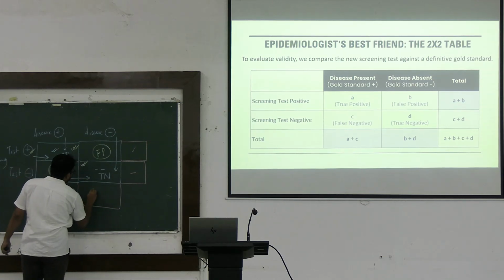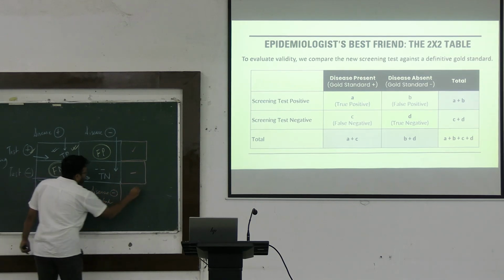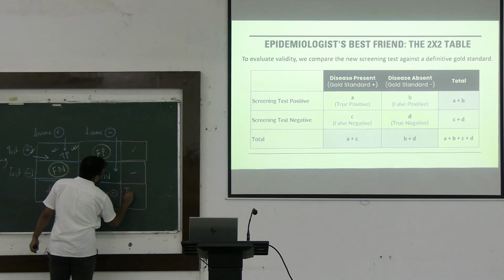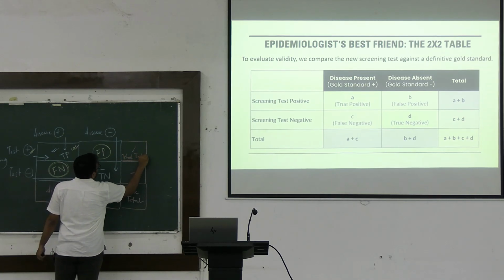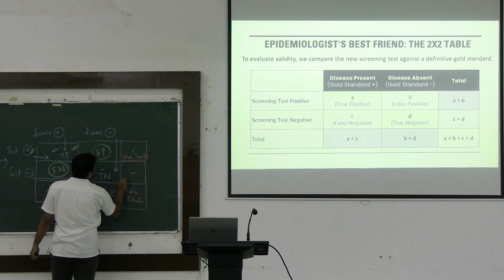This is total disease negative. This is the table total. This is total test positive and this is total test negative.